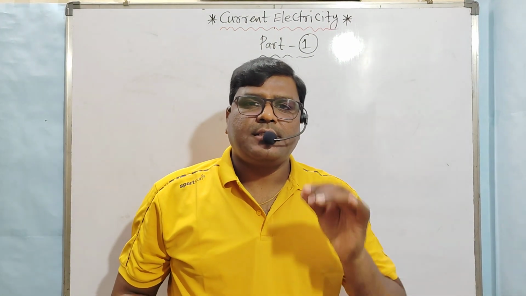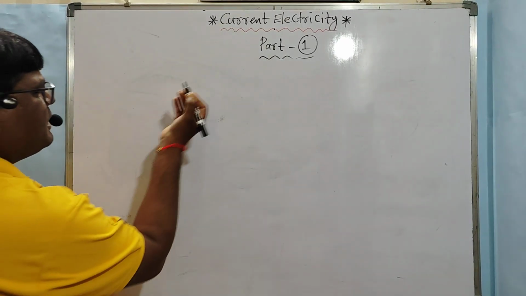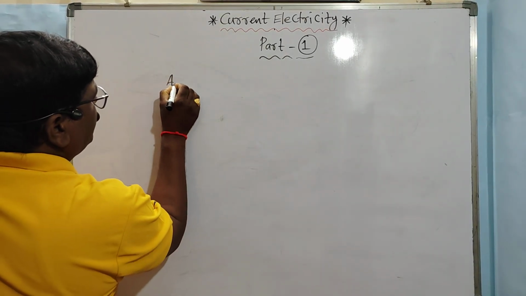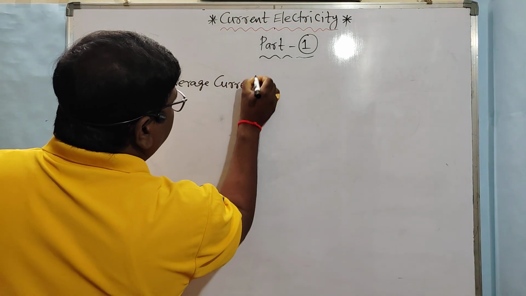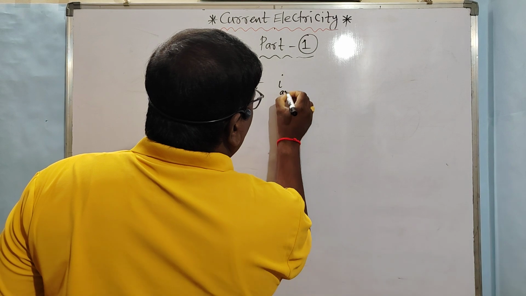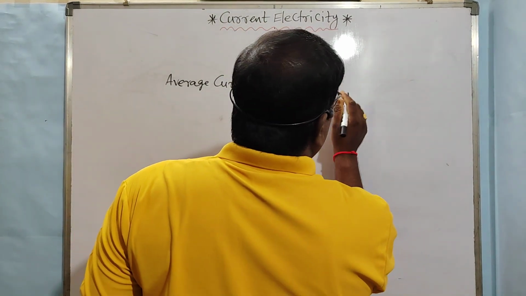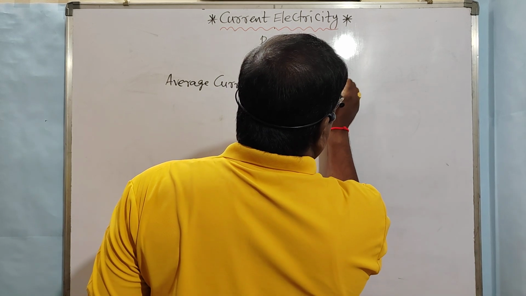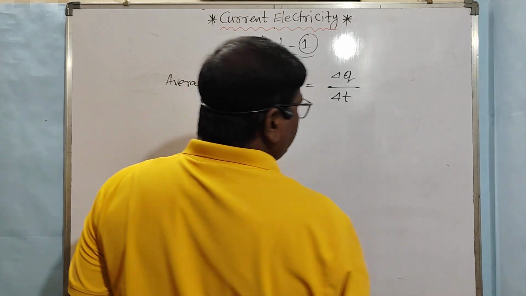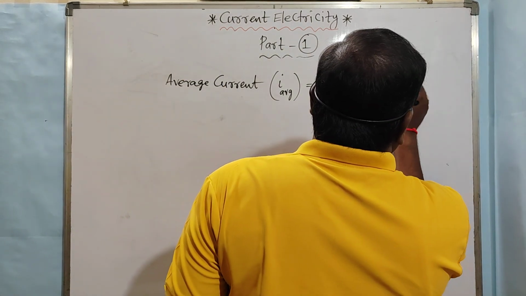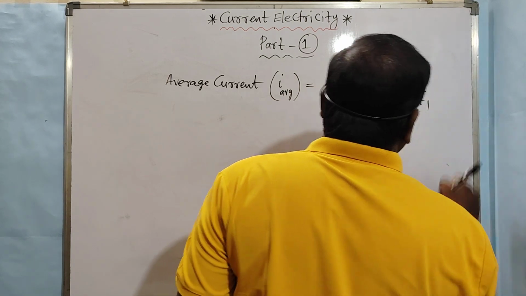Next we will discuss average current. Average electric current, I average, is equal to total charge by total time, nothing but delta Q divided by delta T. This is also written as Q2 minus Q1 by T2 minus T1.